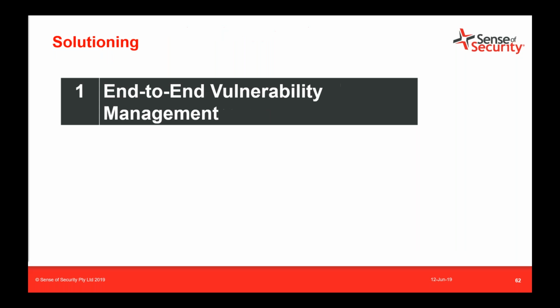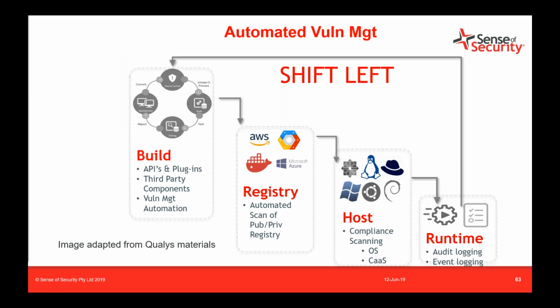Firstly, end-to-end vulnerability management. I'm sure by now, many of you have heard the terminology of shift left. Shift left means focus your attention closer to the source of the problem. If you can address the problem at the source, it's less likely to manifest itself in a production environment where the consequences of compromise are far more drastic.